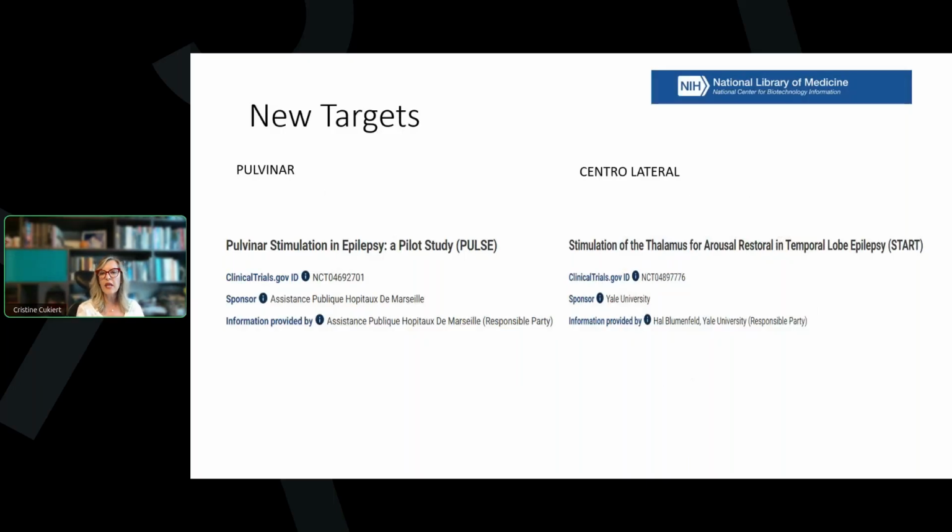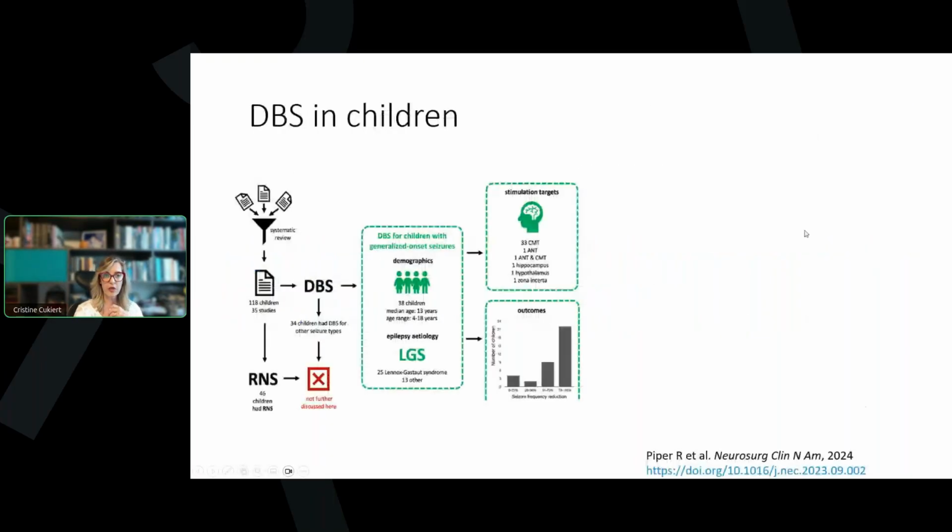We have many studies going now with the pulvinar, especially for posterior epilepsy. And we also have a study going with Hal Blumenfeld at Yale, the START trial. They are stimulating the centrolateral nucleus, trying to restore arousal in these patients.